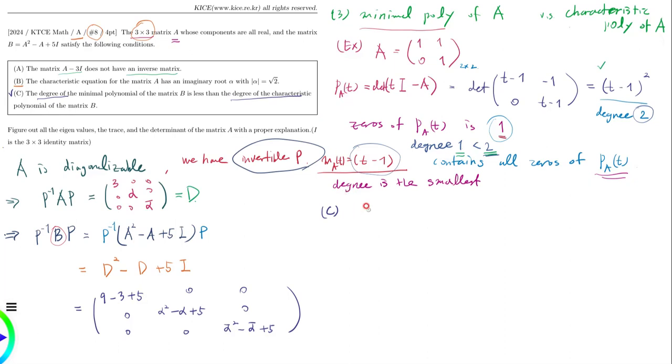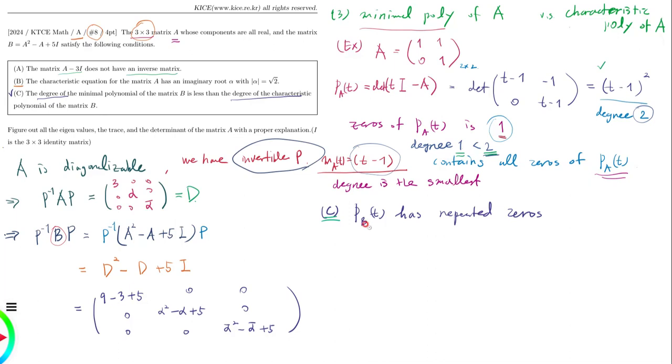So that means the characteristic polynomial of the matrix capital B has repeated zeros. Okay, that's our small conclusion that comes from condition C here.